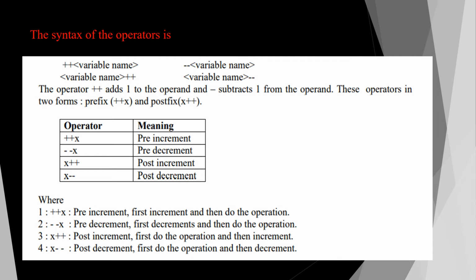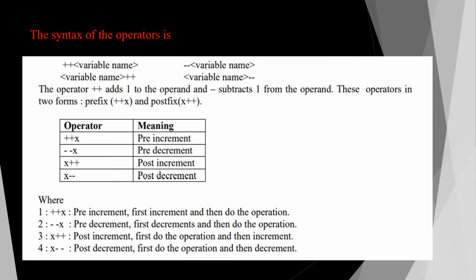Here the ++ adds 1 to the operand, and -- subtracts 1 from the operand. That is incrementation, and this is decrementation. These operators come in two forms: one is prefix and the other is postfix.